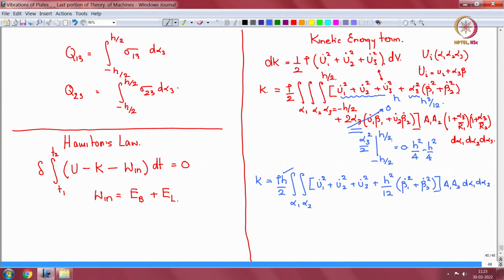Okay. So we will now go ahead and take the variation of this. So the expression is integral t1 to t2, the variation of K dt.